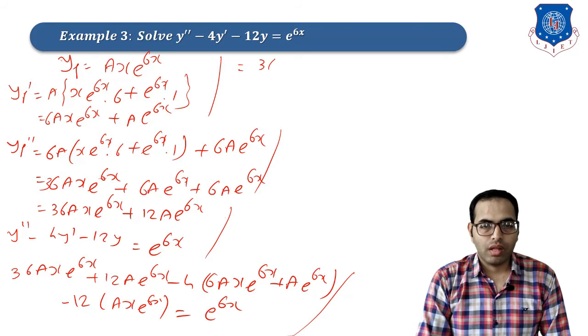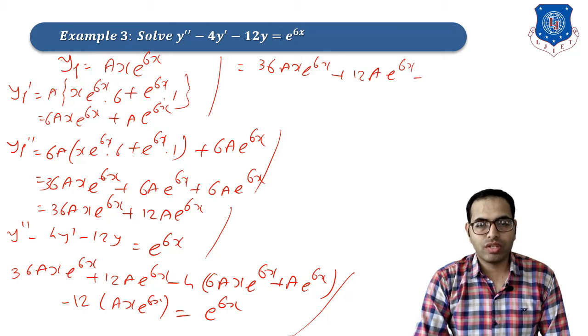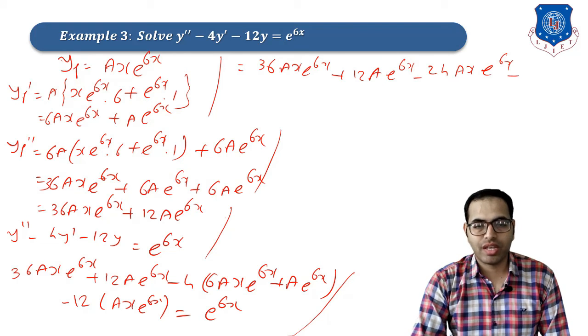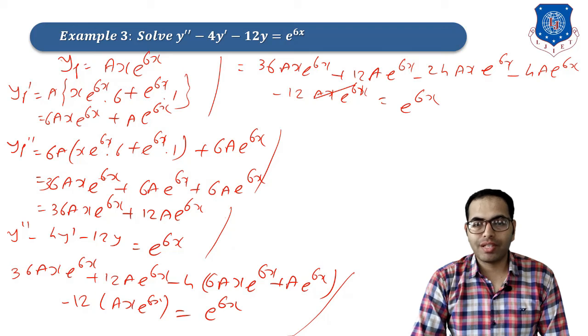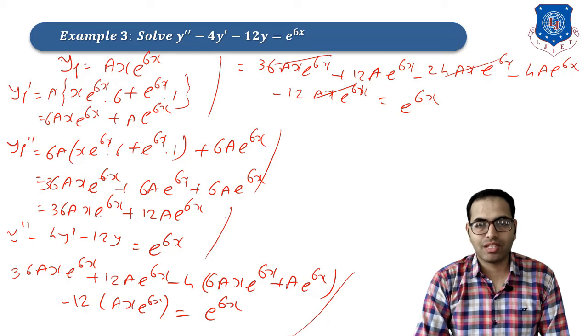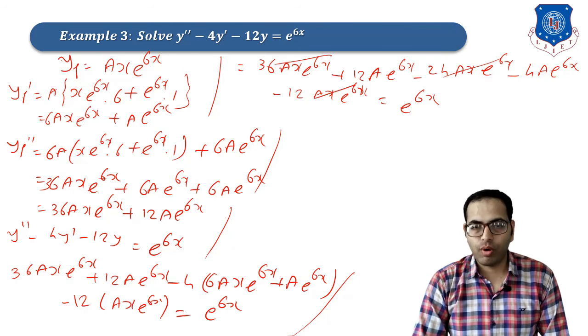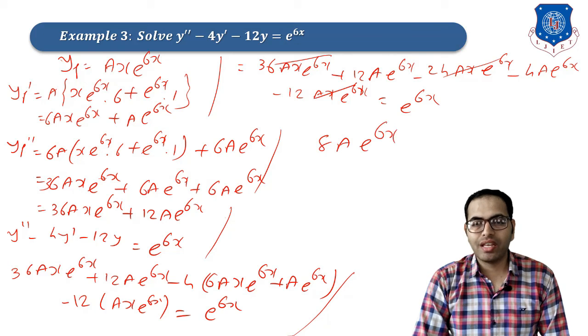Now 36a x e^(6x) + 12a e^(6x) - 24a x e^(6x) - 4a e^(6x) - 12a x e^(6x) = e^(6x). Now 24 plus 12 is 36, so the 36 terms cancel out. 12 minus 4 is 8, so 8a e^(6x) = e^(6x).